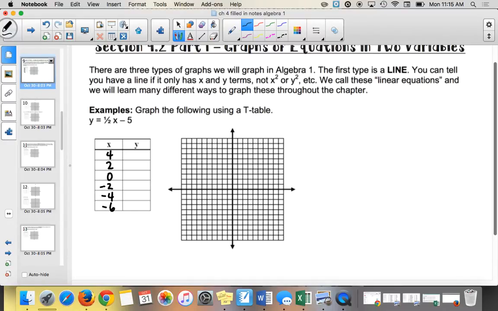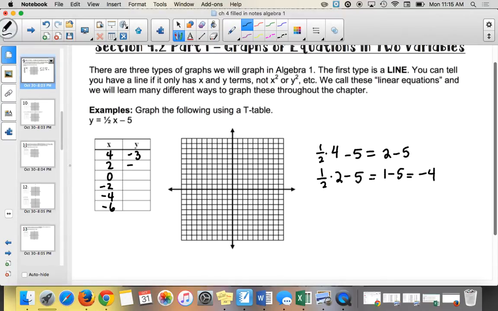When I plug in 4, you can do it off to the side, you have 4 times 1/2, and then minus 5. 4 times 1/2 is 2, right? 2 minus 5 is -3. Then I do 1/2 of 2, minus 5, so I'm plugging in the 2 now. 1/2 of 2 is 1. 1 minus 5 is -4.